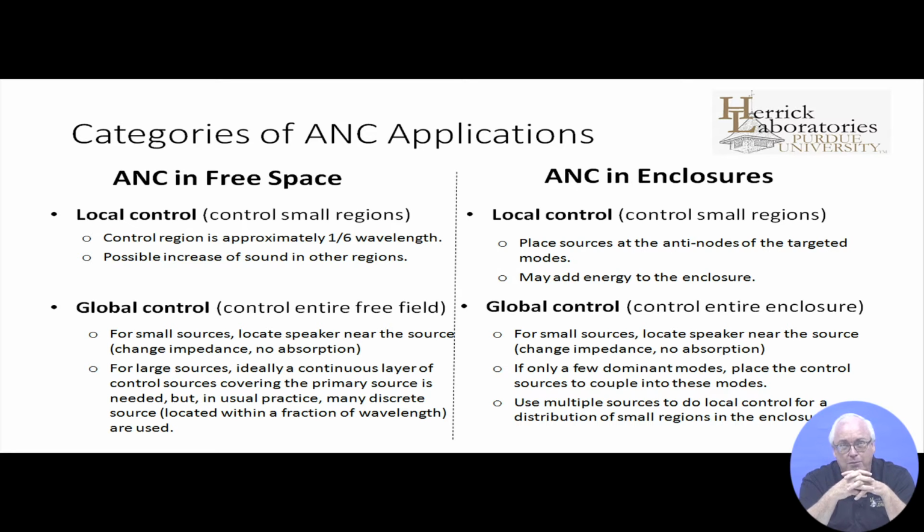If you look up Huygens' principle, you can in principle reproduce a sound field by a combination of layers of monopoles and dipoles radiating, and they can create a sound field that exactly mimics any sound field you wish. But what it means is that you would have to cover the source, as it were, with this layer of sources to try to reproduce the sound field that is the primary concern.